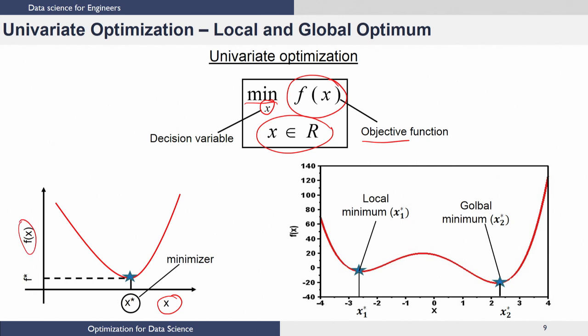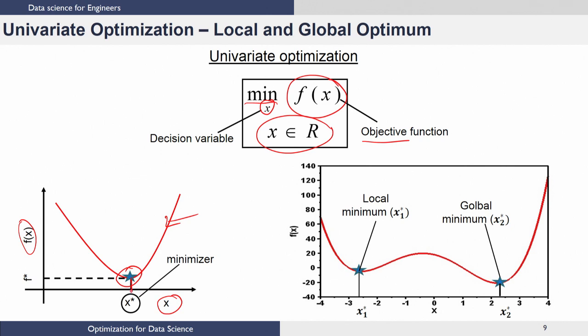When you plot this, you can quite easily notice that this is the point at which this function attains its minimum value. The point at which this function attains minimum value can be found by dropping a perpendicular onto the x axis.